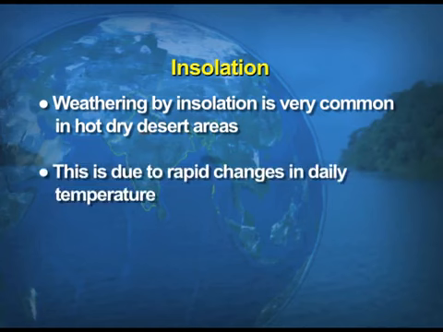This is due to the rapid changes in the daily temperature. Rise in the day temperature results in the expansion of the rocks, and the contraction occurs when the temperature reduces during the night time.